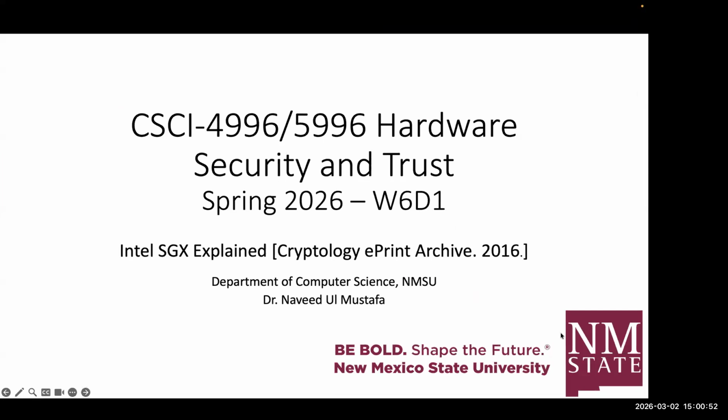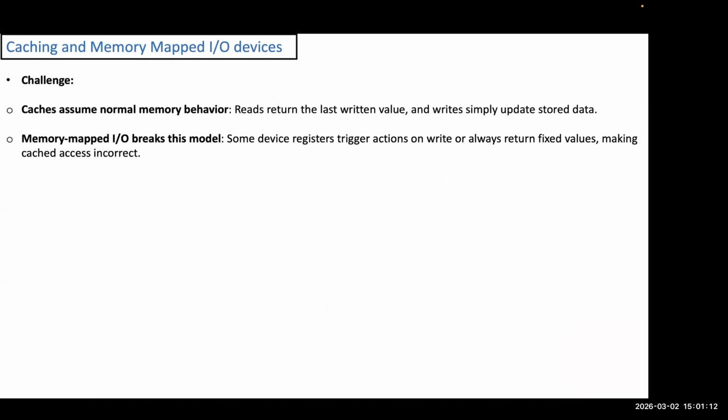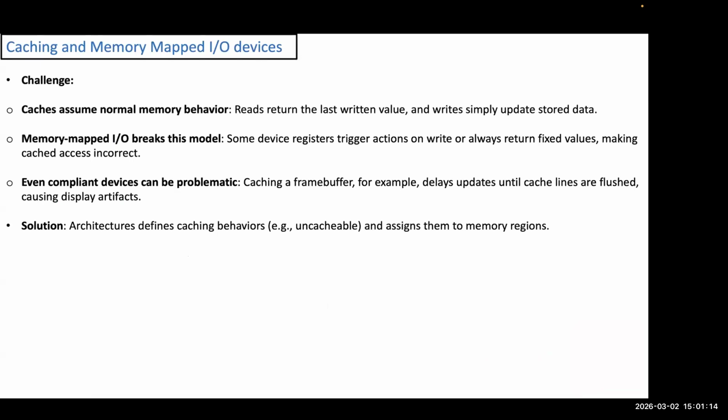Okay, thank you for confirming. So last time we were talking about why memory mapped IO devices create problems by not following the abstraction for memory. Let me just quickly recap this slide.